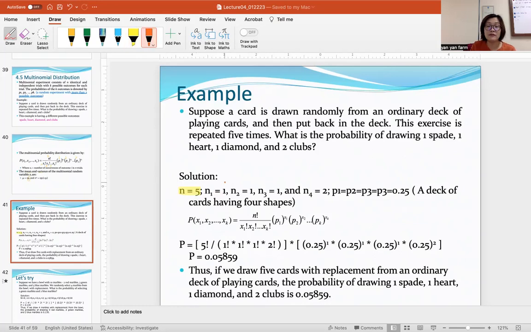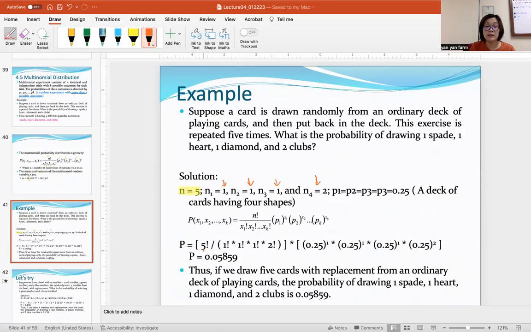So the count for me to get spade is 1, heart 1, 1 diamond, and 2 clubs. Okay, so the probability for each of them is equal, 0.25, right? So what is the probability of this event?